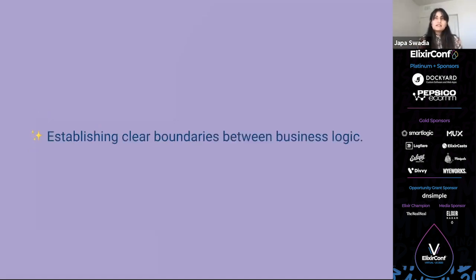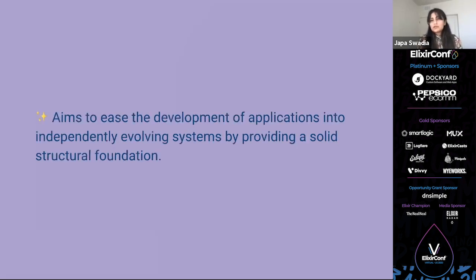And what it means in a very condensed form is just establishing clear boundaries between different pieces of our business logic. And why do we want to do that? So the main objective of domain-driven design is to make the development of apps easy so that they can evolve into isolated systems that are manageable, reusable, and maintainable.